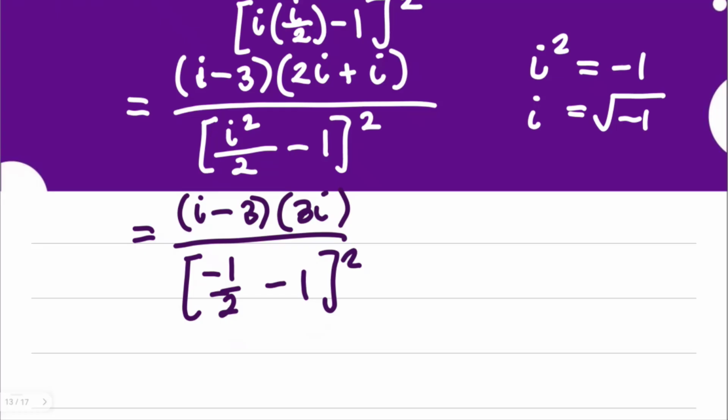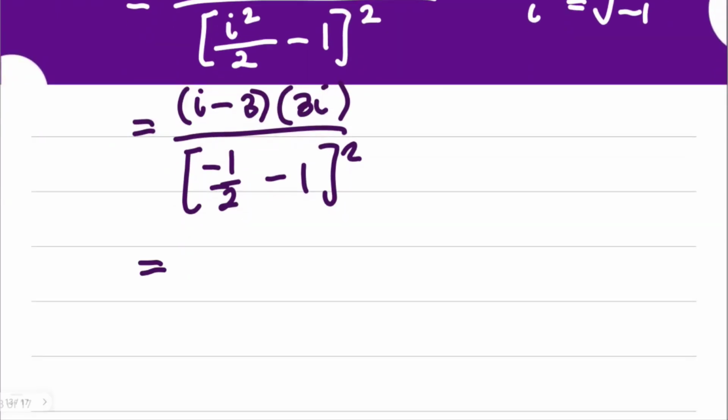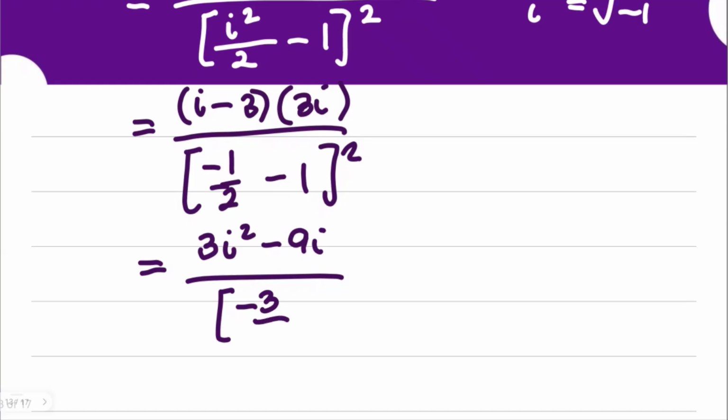That would mean your final form will have an answer which is no longer a rational expression, because z or even i is no longer present in our denominator. If we continue this, our numerator would have 3i squared and a minus 9i, as you distribute that one by one. Your denominator would be the square of -3 halves.